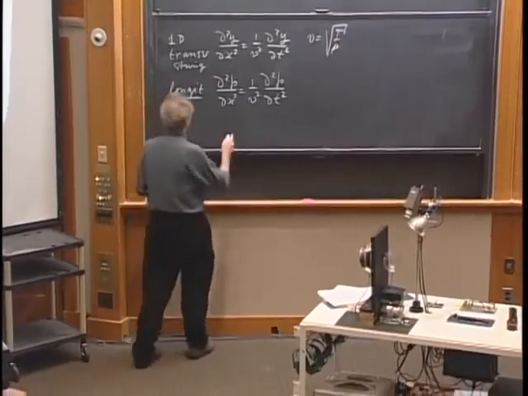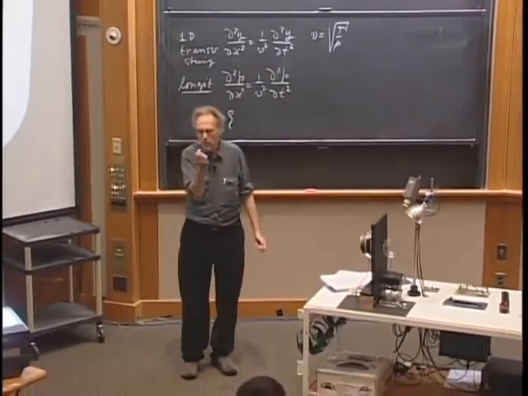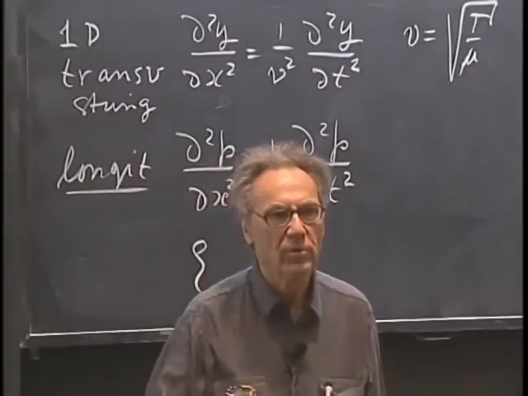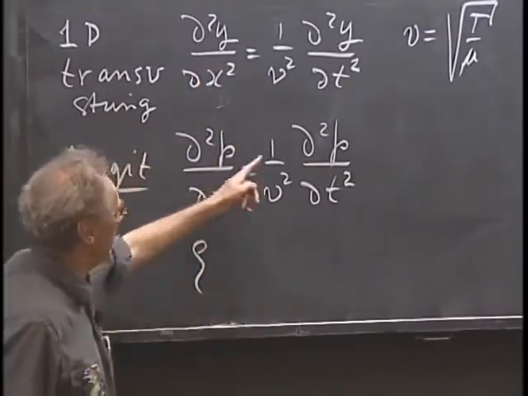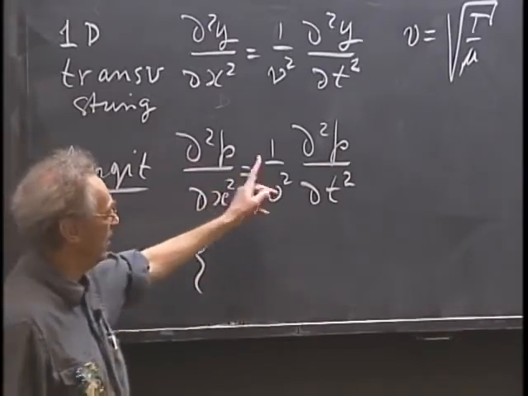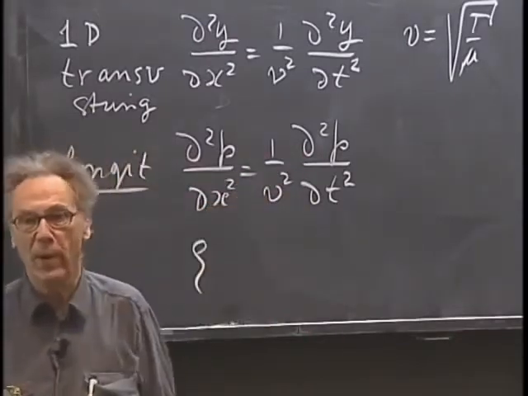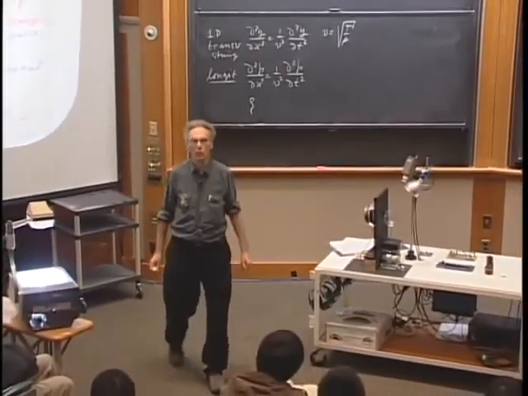If you prefer not to work in pressure, but in terms of the actual position of the air molecules, in analogy with the position of the string, then you can write down the same equation in terms of psi, so d2 psi/dx squared equals 1 over v squared d2 psi/dt squared. That then gives you the position, the actual motion of the air molecules.